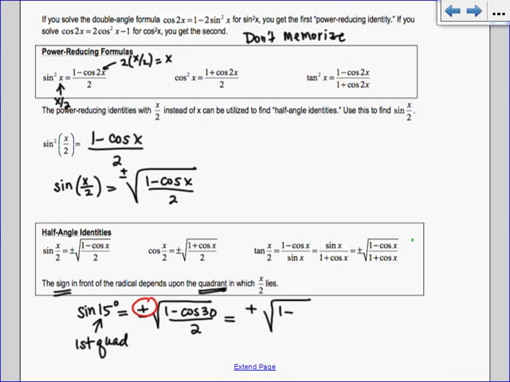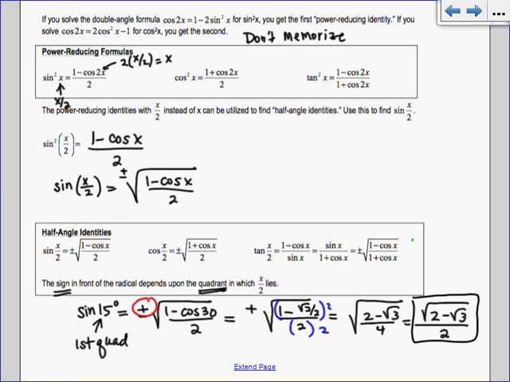Cosine of 30 is square root of 3 over 2, all over 2. I would multiply by 2 over 2 on top and bottom. So you're going to end up getting the square root of 2 minus root 3 all over 4, and take the square root of the top and the bottom, so you get that.